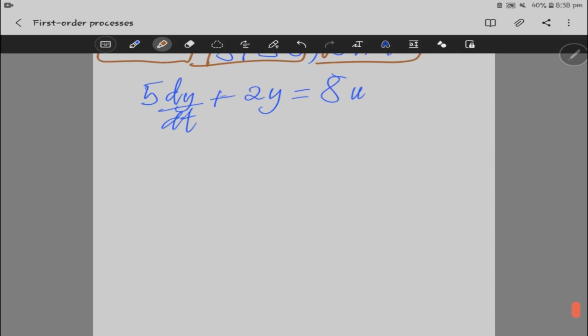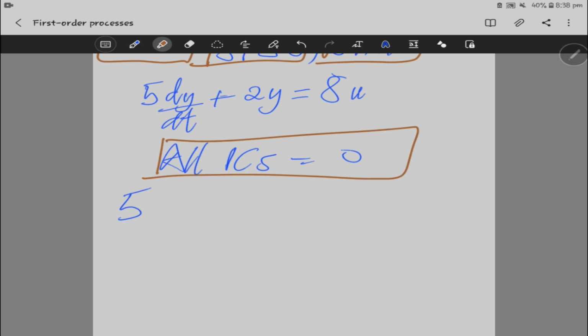Okay, let's see. If we are doing the Laplace transform, and we are assuming that all the initial conditions are equal to 0, clearly we will get 5, and then we'll have s. This is just an assumption, it's not the case all the time.